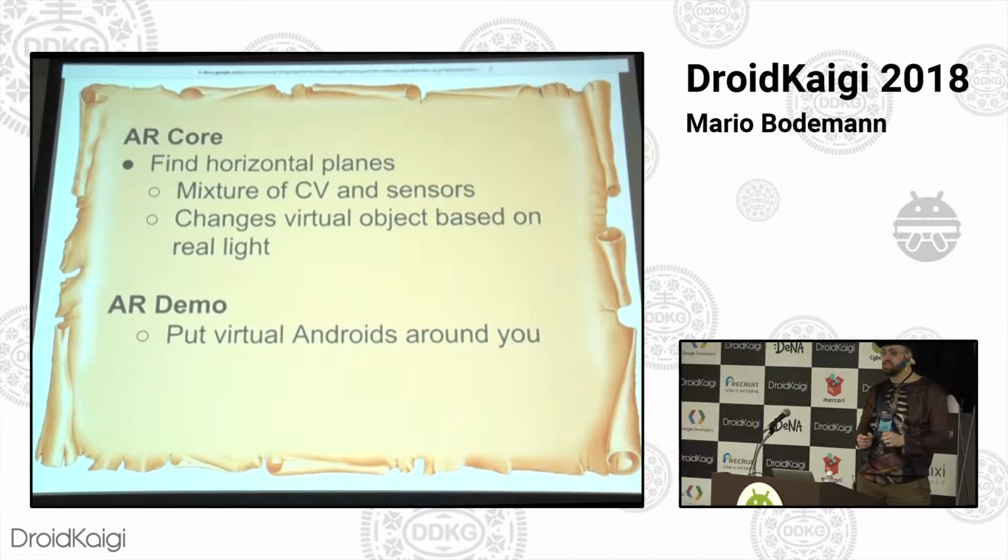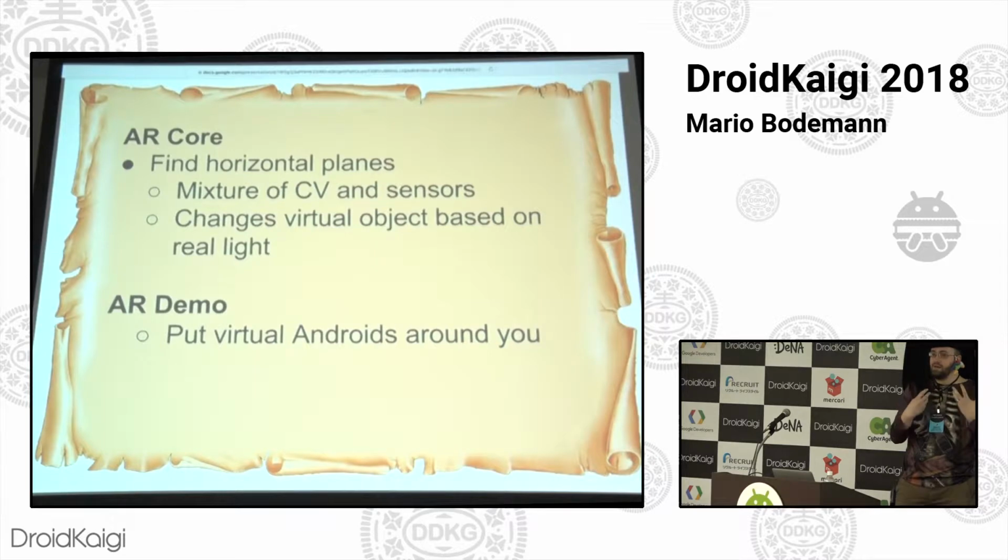What you are seeing is what the camera would be seeing, and then additionally ARCore will take a look at the stuff you are seeing and find points to then actually help you find horizontal planes. It uses the mixture of the sensors of the phone and also obviously the camera data.